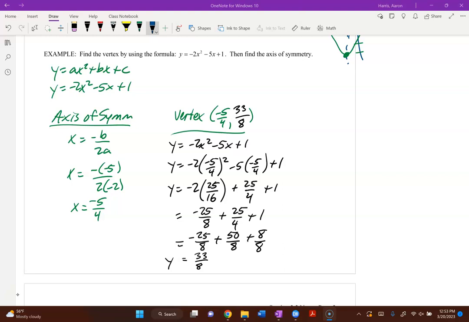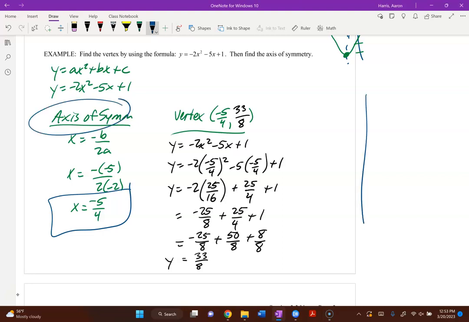I know it doesn't ask for a visual on this, it really just asks for the axis of symmetry, but I'll give you a visual here. We're at negative 1 1/4, and we're up 4 1/8, 33/8. So it's about right here. Our a value is negative, so this will open down, and our axis of symmetry goes right through that vertex there, that x equals negative 5/4, right?